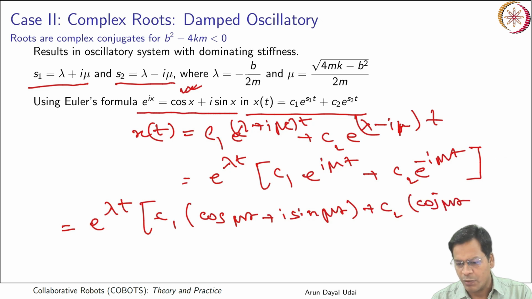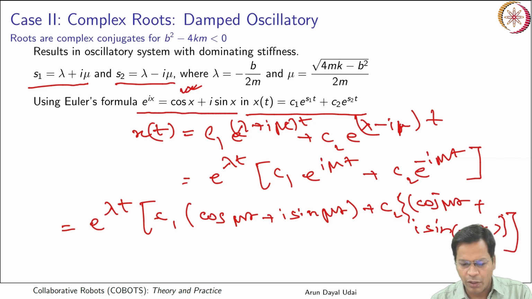This time it should be with a negative sign, cos minus mu t, and again plus i sin minus mu t. So that comes here, minus mu t, and finally the whole of the bracket comes here.